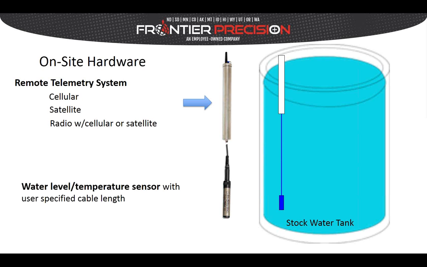Now to get the water levels, we have a recording pressure transducer, so it has a water level and a temperature sensor in it. And you can get both data coming back. Sometimes the temperature data is actually very meaningful as well, to keep track of what the water temperatures are inside of those tanks. So any data that's being recorded on that transducer can be transmitted back and viewed by the user. And then of course you can get any length of cable that you want, depending on the size of your tank, to connect that sensor with the remote telemetry transmitter.